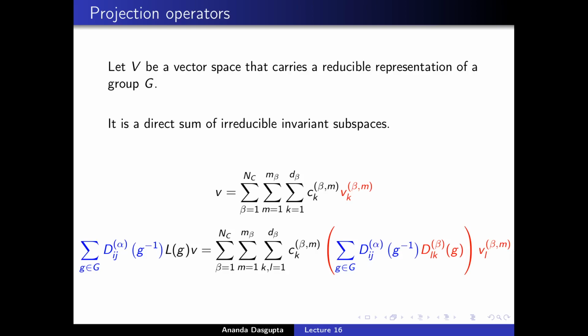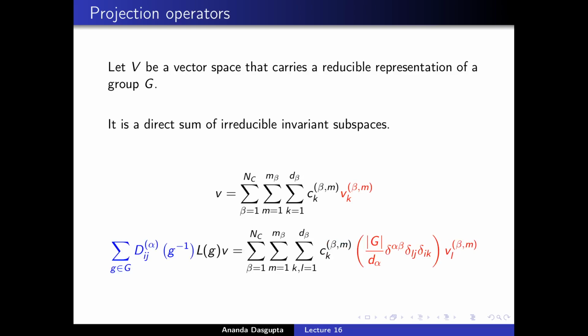Now, when you carry out this sum, the result is straightforward. This is exactly what our great orthogonality theorem in its original version gave us. And the result is going to be mod G by d alpha, delta alpha beta. The two irreps must be the same to get a non-zero value. Delta lj, delta ik. The rest of the terms, of course, stay just as they are.